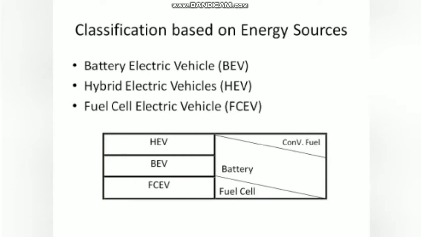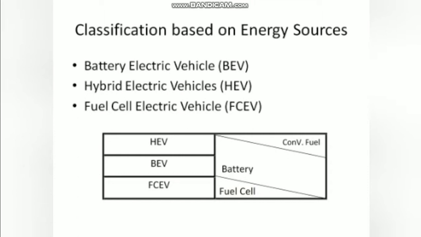If we classify the EVs on the basis of energy sources, there are actually two energy sources or energy trains. One is the conventional energy source and another is the battery based energy source. Considering this, pure electric vehicles will be further classified into battery electric vehicles and fuel cell electric vehicles.